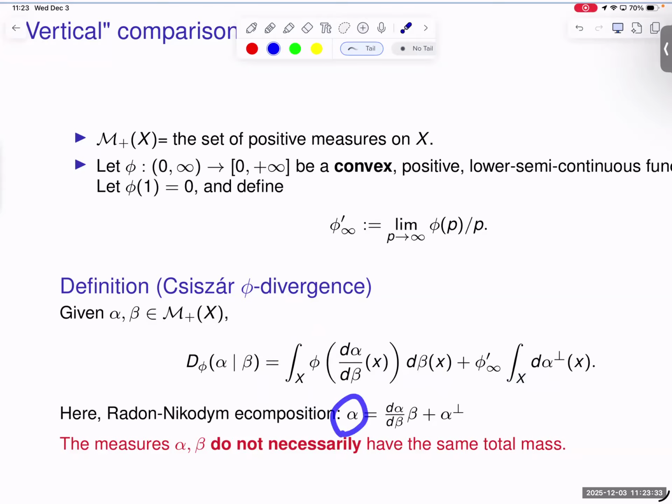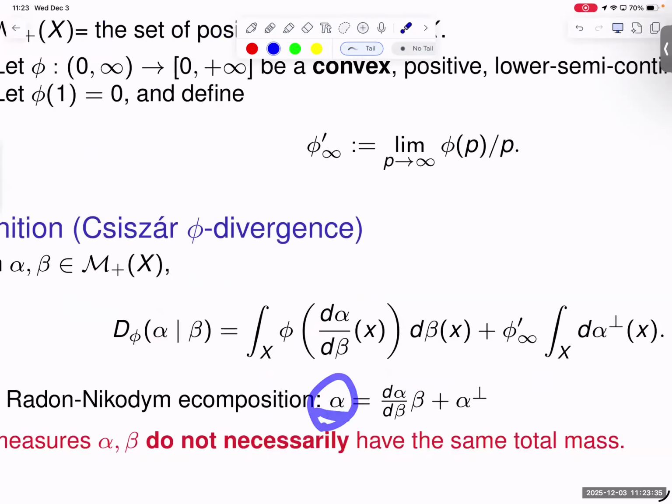If you take the Radon-Nikodym decomposition of alpha with respect to beta, then you have an absolutely continuous part, which is absolutely continuous with respect to beta, and the singular part of alpha with respect to the beta measure. Basically, this singular part is where this one goes to infinity.